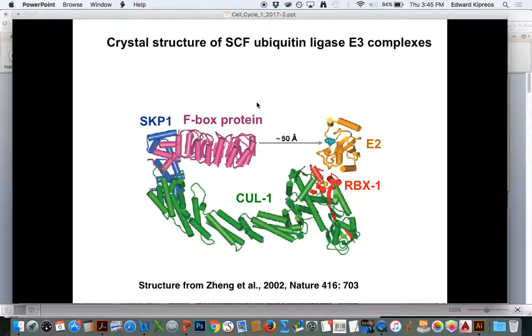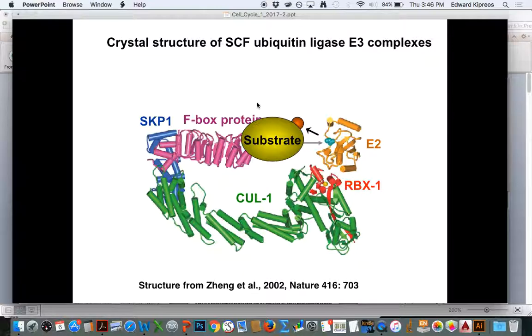Okay, so here we have this part is the E3, ubiquitin protein ligase. It's going to bring in the ubiquitin conjugating enzyme, the E2. So it's going to bind the substrate, and in this case, it's going to be regulated by phosphorylation. So when the substrate gets phosphorylated, it's going to bind it. And then the one E2 will come in with the activated ubiquitin and transfer.